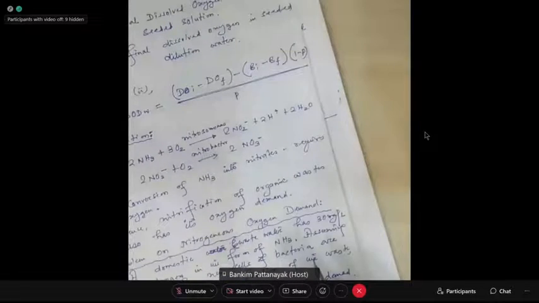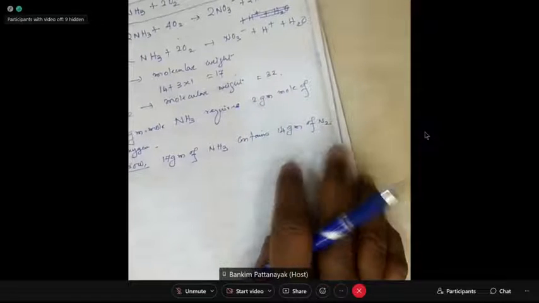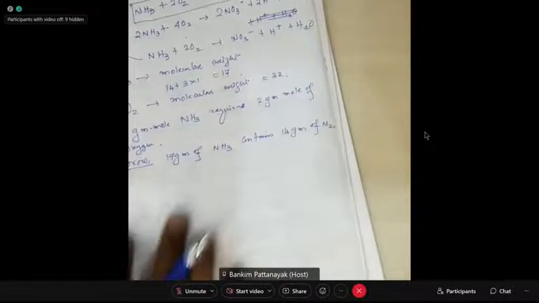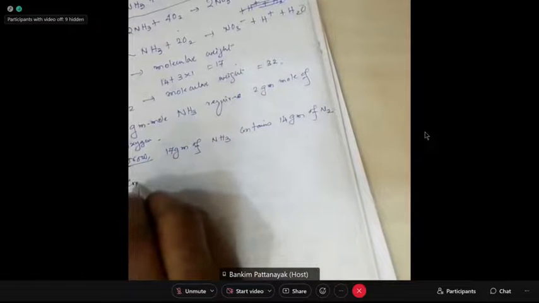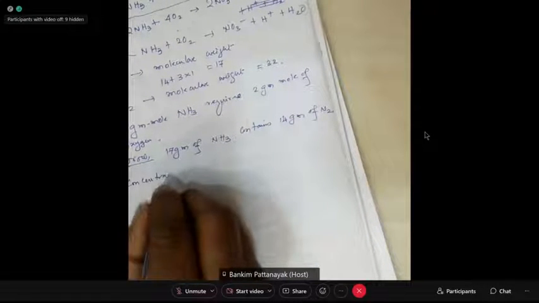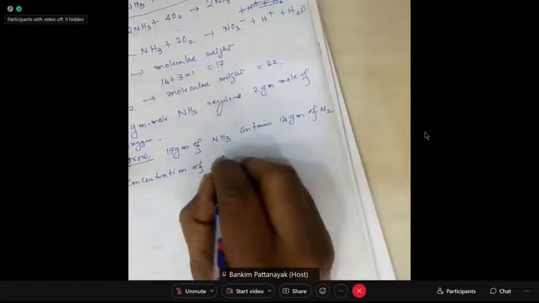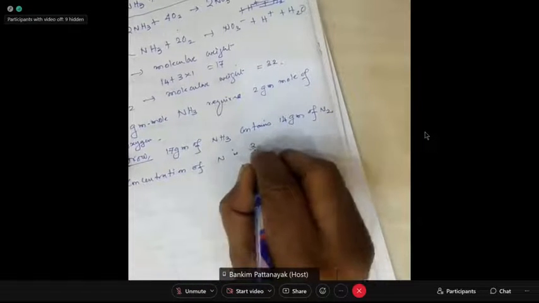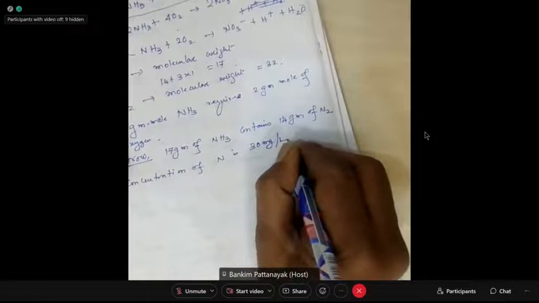In the problem, it is given that the concentration of nitrogen in the form of ammonia is 30 mg per liter.